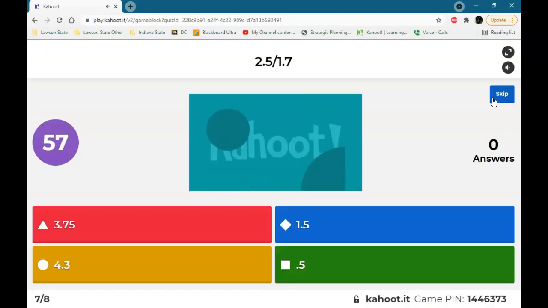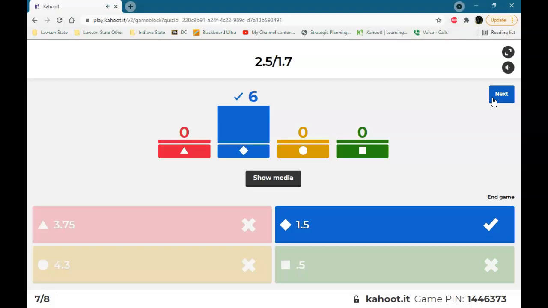2.5 divided by 1.7. Okay, 1.5, everybody gets it right.